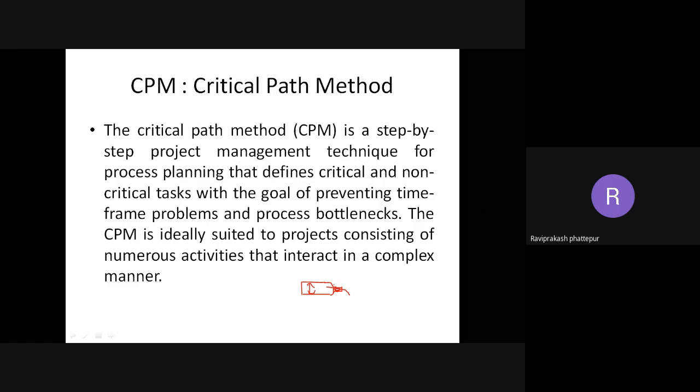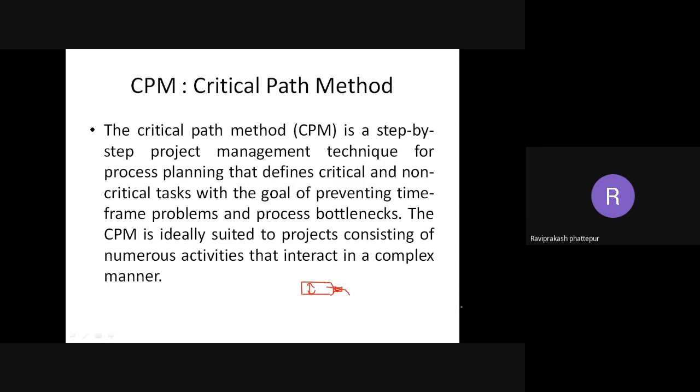The CPM is ideally suited to projects consisting of numerous activities that interact in a complex manner. There are too many complex activities which are intersecting, or based on one after the other, or one is related to the other in a complex way.